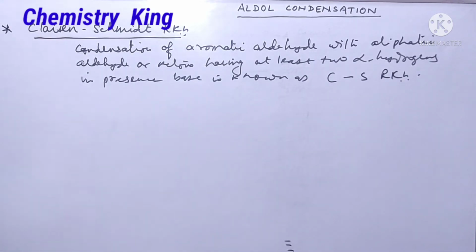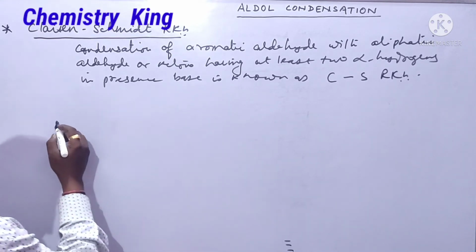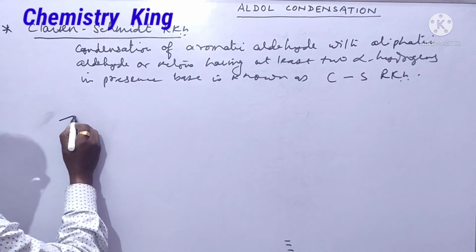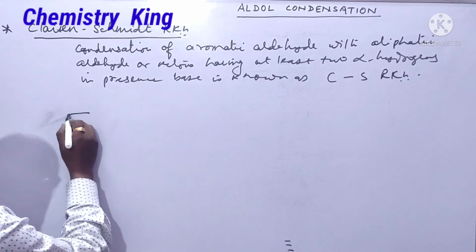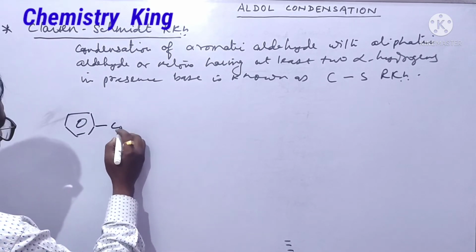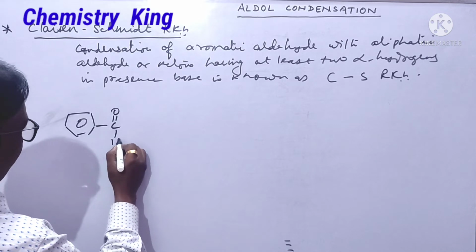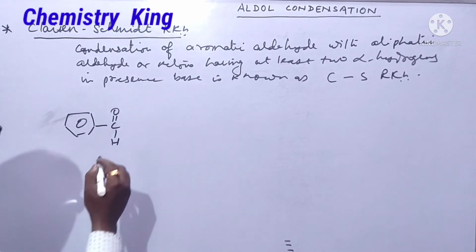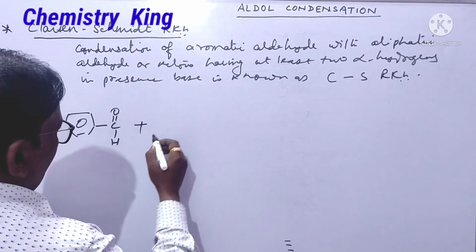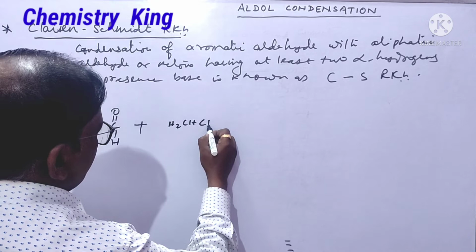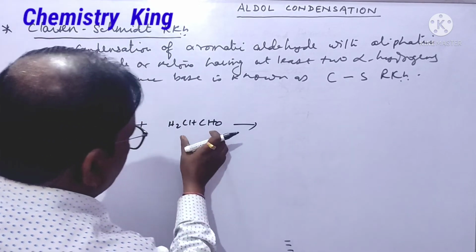Friends, it is also a type of cross-aldol condensation. It is an aromatic aldehyde. See, it is benzaldehyde. Here, no alpha hydrogen. And here, suppose it is acetaldehyde. It may be acetone.